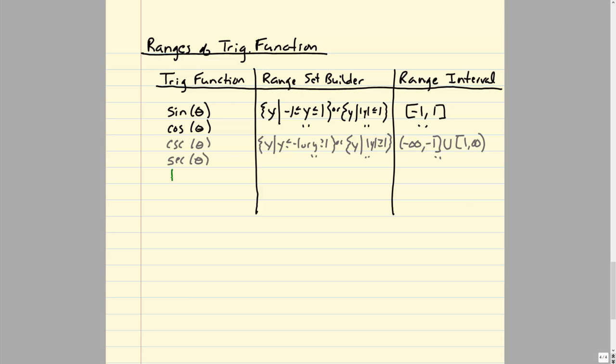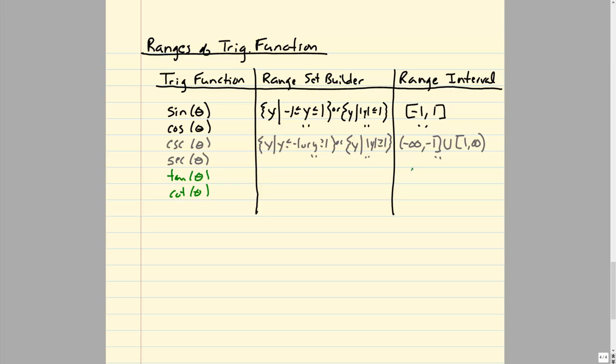Last two we want to look at are tangent and cotangent. Now, if you notice, sine and cosine are the same for the range. Cosecant and secant are the same for the range, and tangent and cotangent are the same for the range. Now, tangent and cotangent, remember, is just the ratio of y to x for tangent, x to y for cotangent, and those ratios could be any numbers.